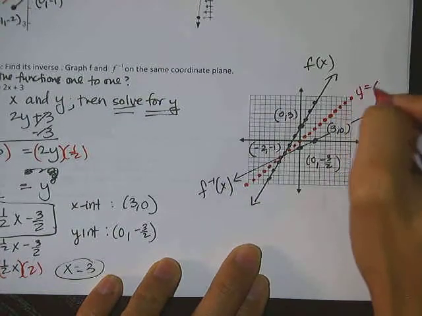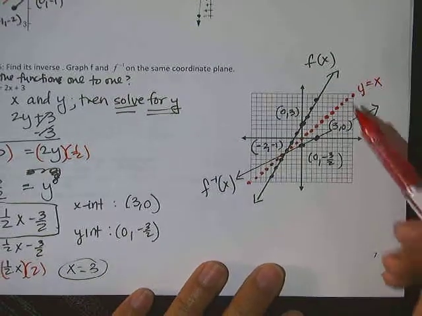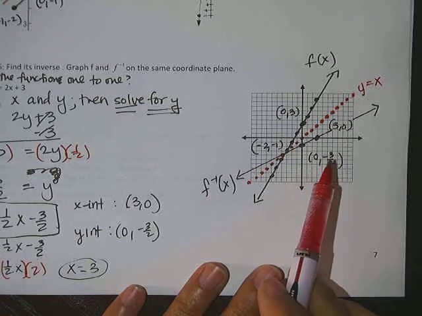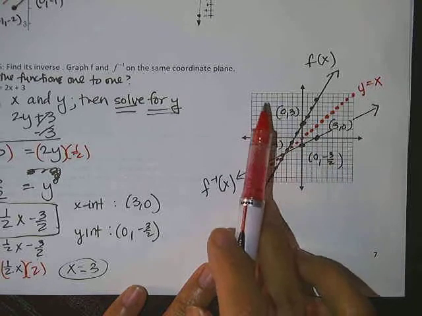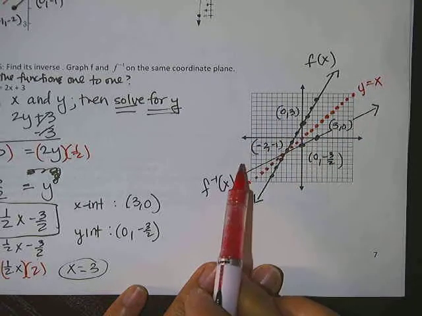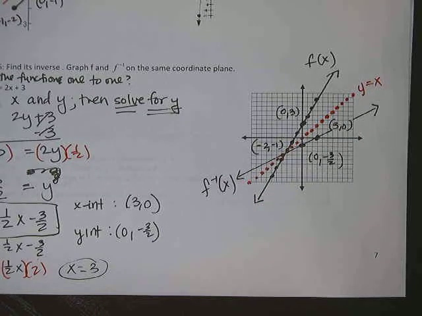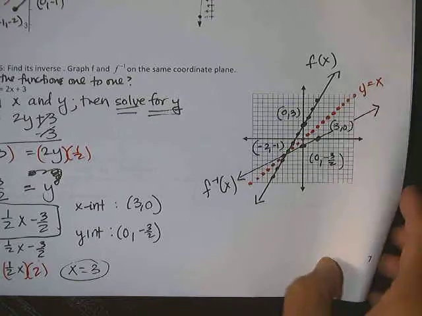Y equals x is my identity line. When I fold my coordinate plane along the identity line, is it symmetrical? Okay, so is the top going to line up perfectly to the bottom? If you said yes, that means you have graphed it correctly. If you said no, then obviously you need to go back and fix it. Alright? So now let's move on to the next example.